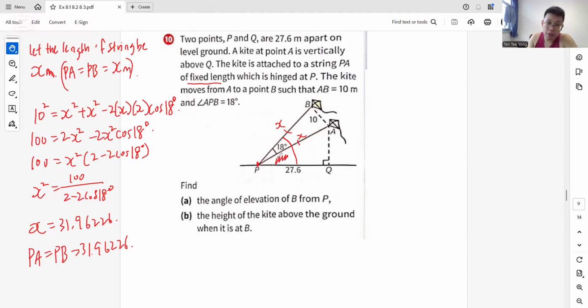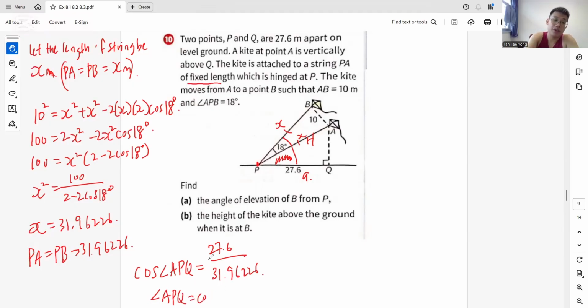So the angle is what we want to find, this angle here. This is the hypotenuse, this is the adjacent. So we can say cosine of angle APQ equals adjacent 27.6 over hypotenuse, which is 31.96226. All right, so angle APQ is equal to cosine inverse of that value.